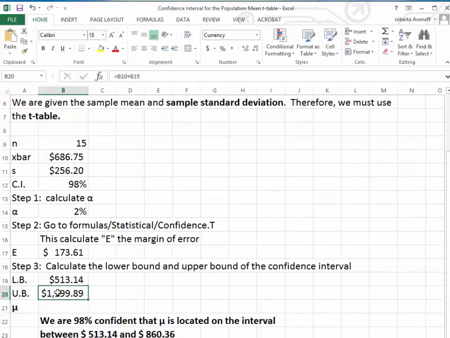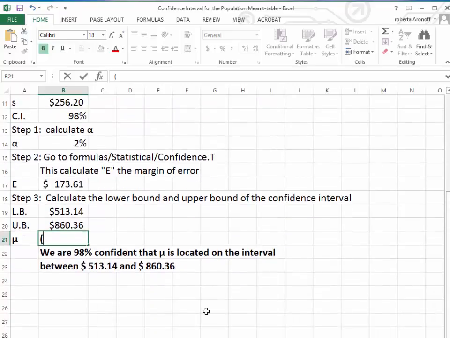I think I just clicked the wrong number. Yes, I did. Plus the margin of error, which is the $173.61. This tells us that when we look at all of the accounts, the population mean should be anywhere from $513.14 up to $860.36.